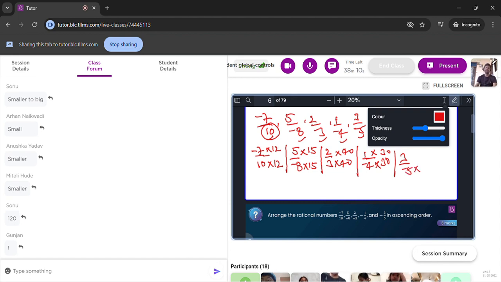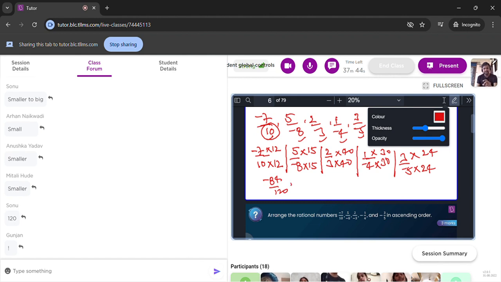From which number will we multiply? 24. 25? No, no, 24. With 25 we will get 125, but there is need of 120. Now the first rational number will become minus 84 divided by 120.